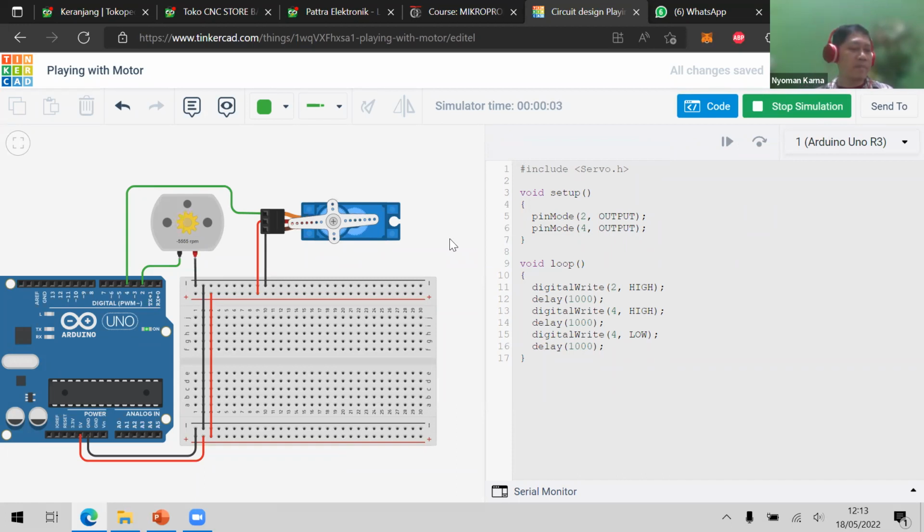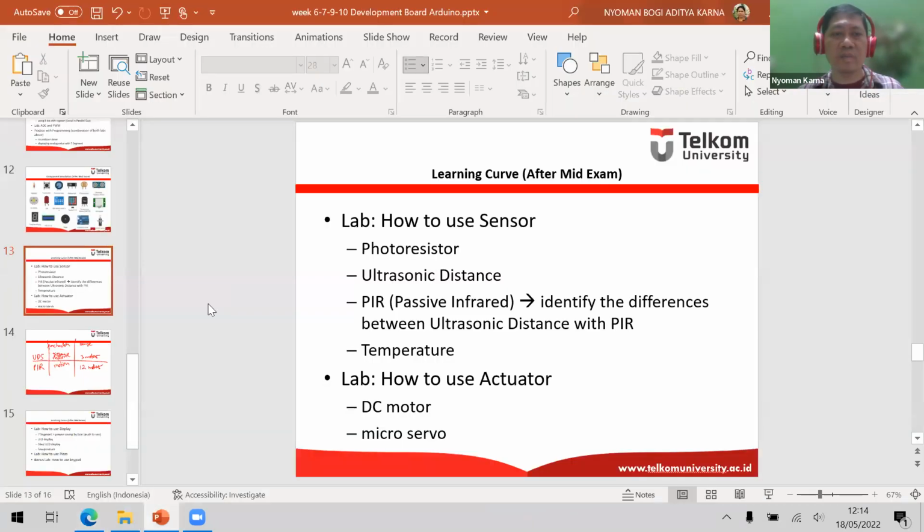Okay, any questions so far? If not, then you can try it out by yourself and try to build your own sensor circuit using a temperature sensor.